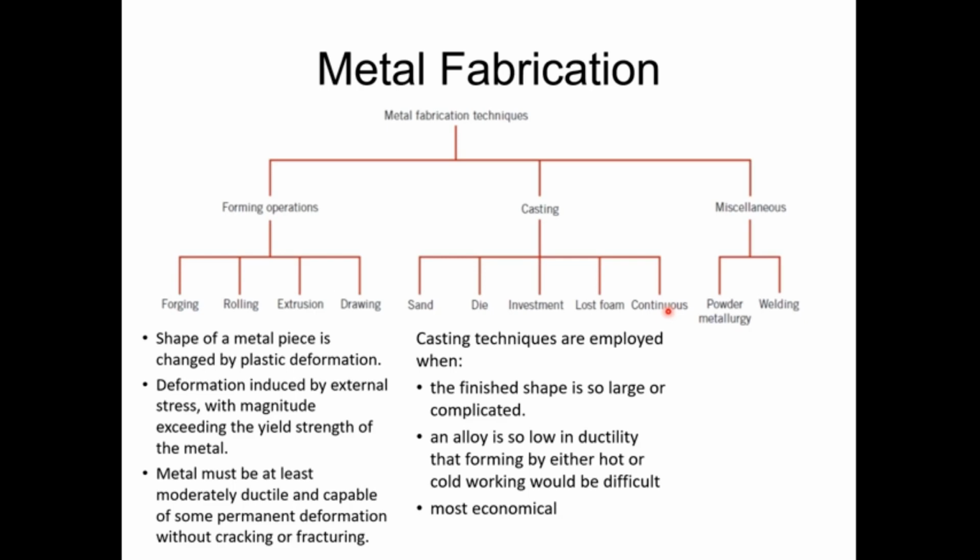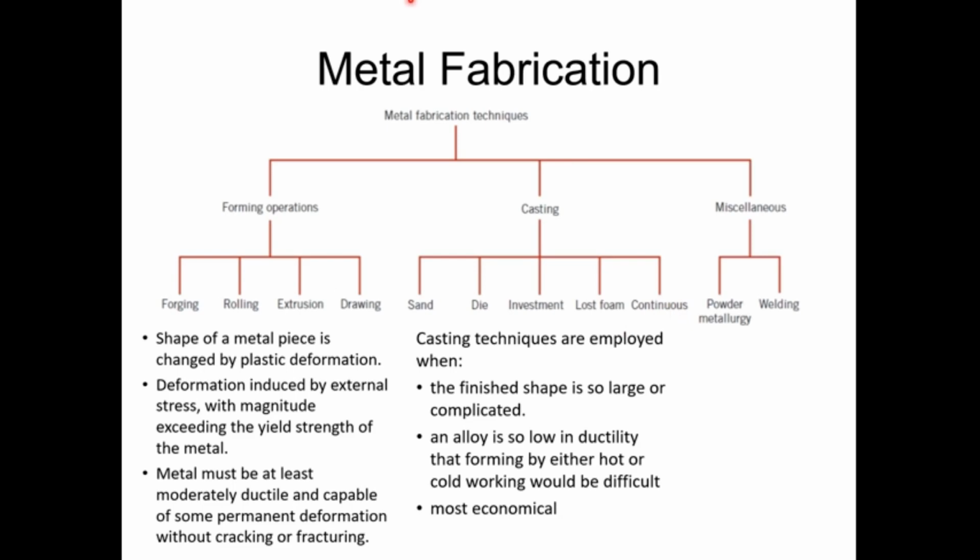The method chosen depends on several factors. The important factors that must be considered are the properties of the metal, the size and the shape of the finished metal product, and of course the cost.